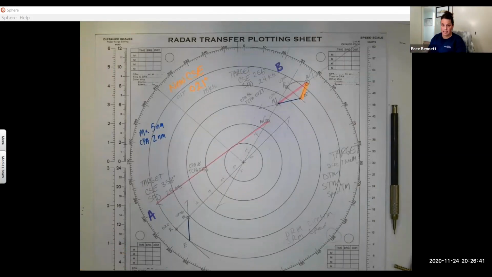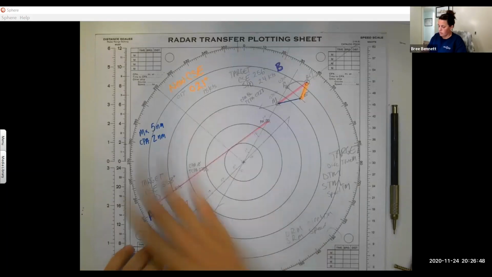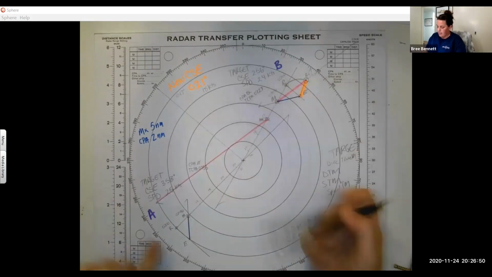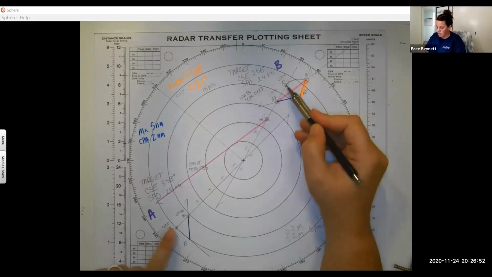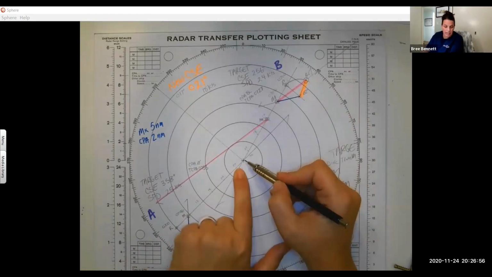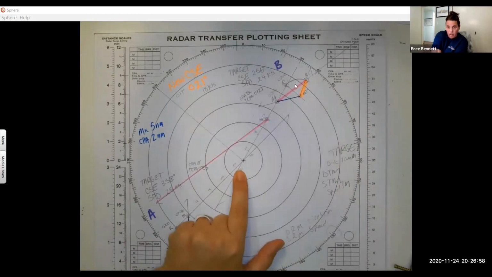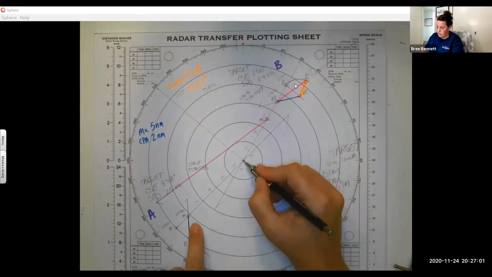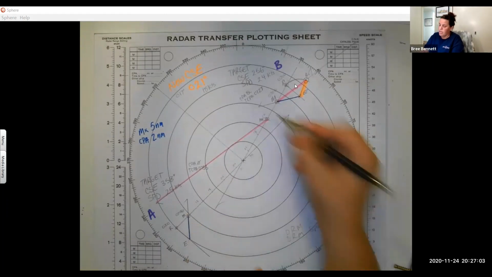Okay, let's get back to this and then we'll dive into the quiz. So here I have a target R and M. Both of them have a CPA of 0, so I'm concerned about both of them.